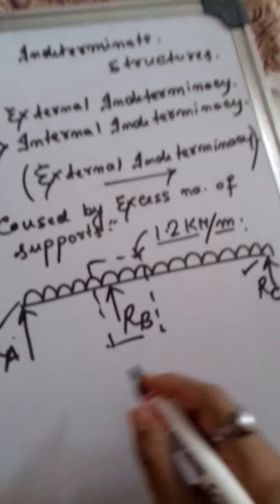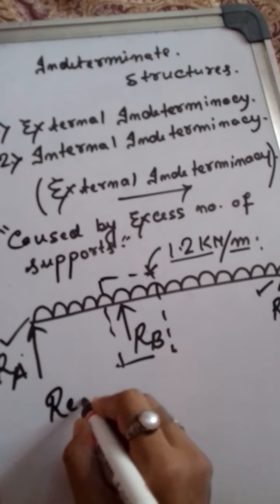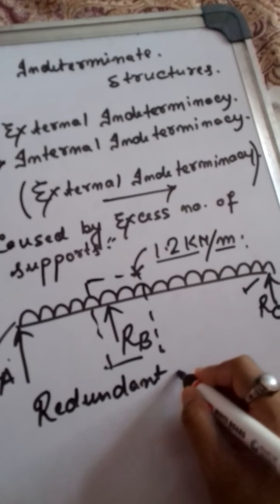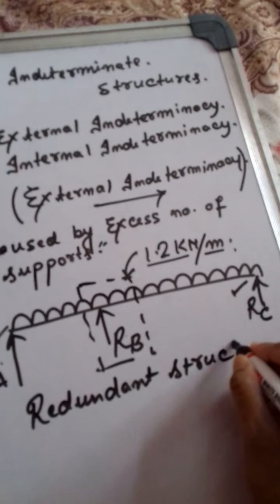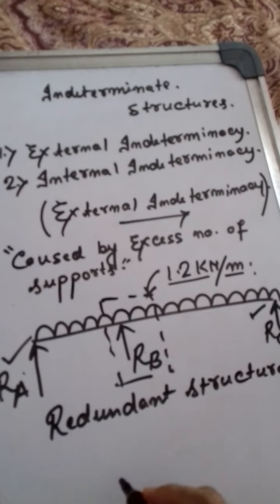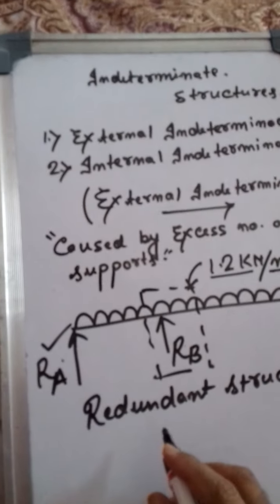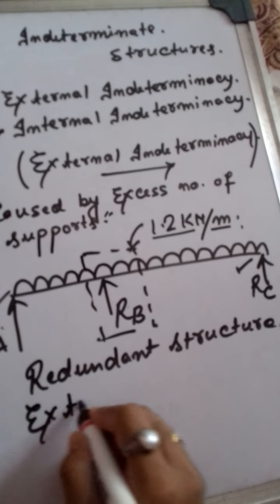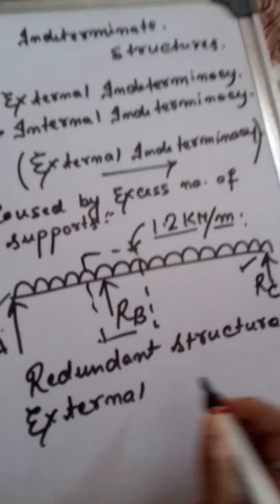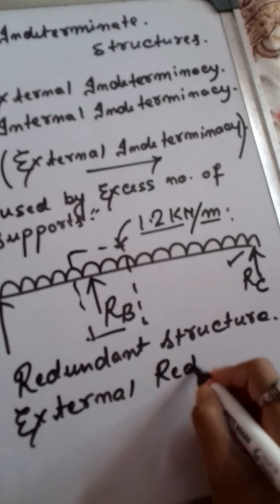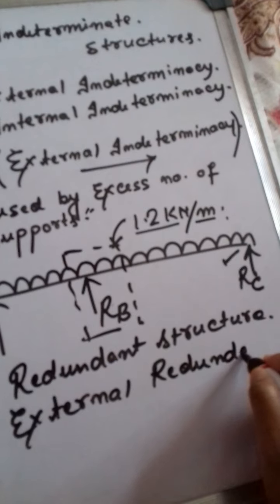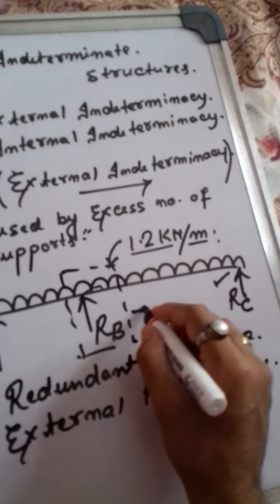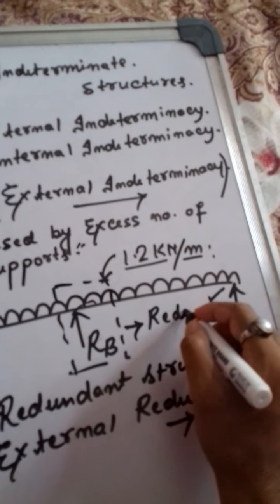It is also known as a redundant structure, because this extra support is also called the redundant support. So it is also known as external redundancy, because of the redundant support at B. This is called the redundant support or extra support.